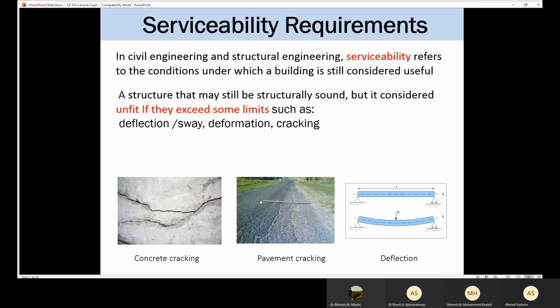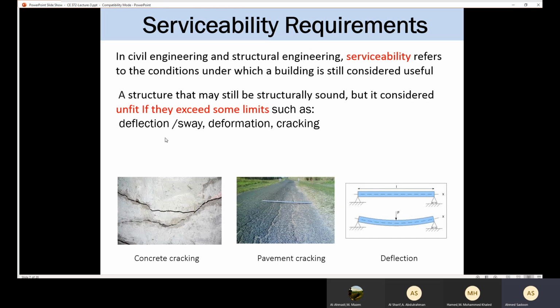So in this case, we are going to consider that road to be unfit, but it can take the load. Also in a building, we are going to see cracks. Every building has cracks, but maybe the cracks are very small. If the cracks exceed a certain limit, then we say that this building is unfit to be inhabited, even though the building can take the load without any problem.